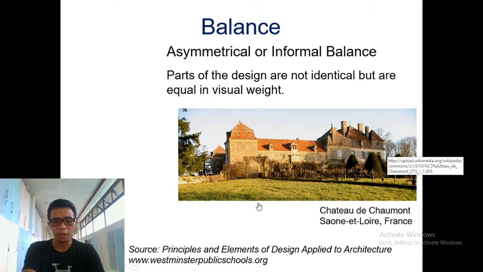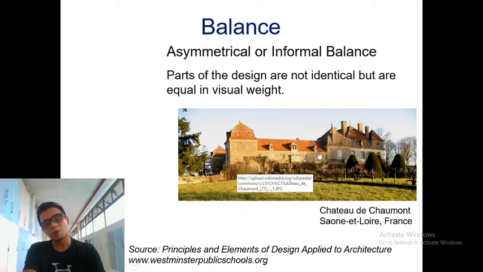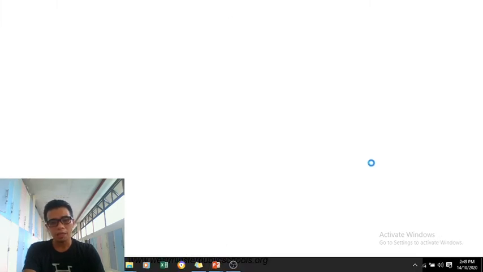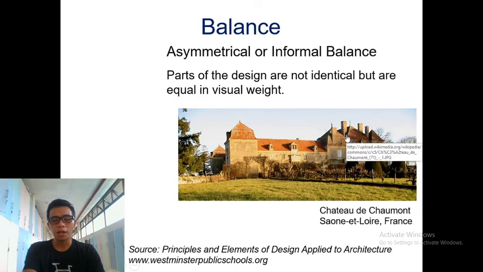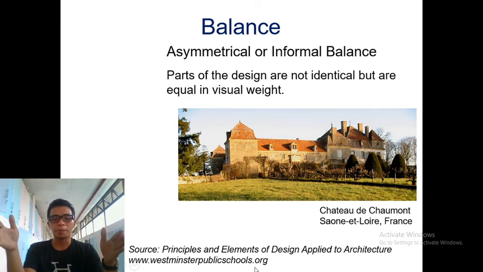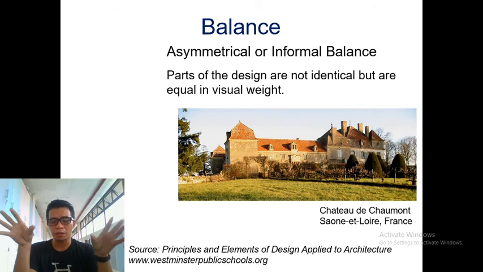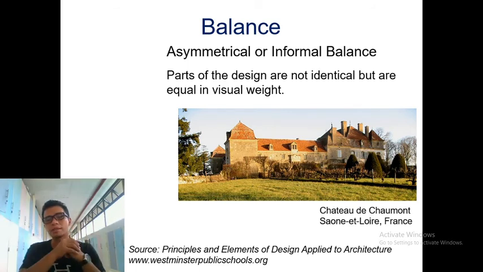Although may malaking structure dito, pero kung titingnan mo, mas mahaba to, pero mas malaki, tsaka mas mataas to. So, yun nga yung nangyari dito. This is asymmetrical, but when you look at the visual weight of the structure, they are still balanced. No? So, ganon.